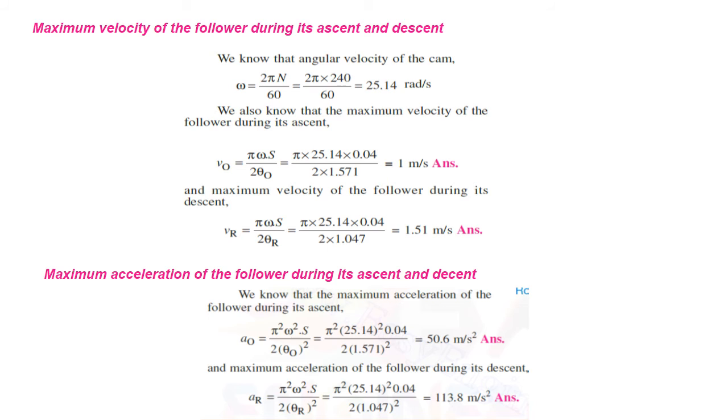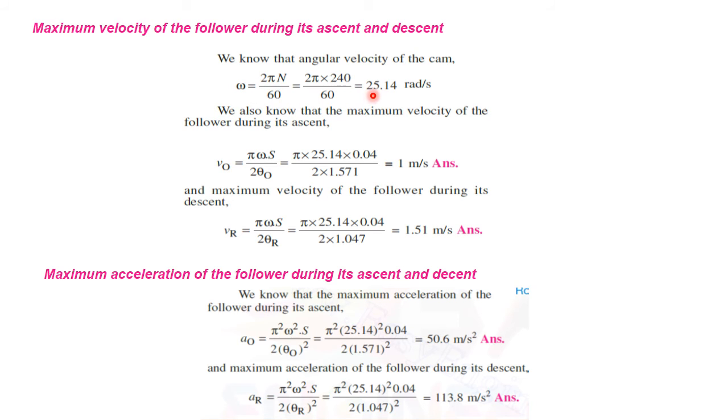Here in the next slide we have discussed the maximum velocity of the follower during rise and return, or out stroke and return stroke. N is given, that is the speed of the cam, equal to 240 rpm. Omega is equal to 2 pi N divided by 60.